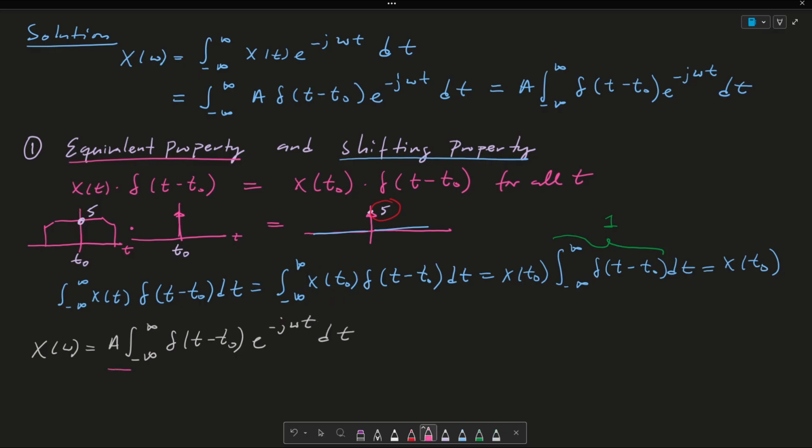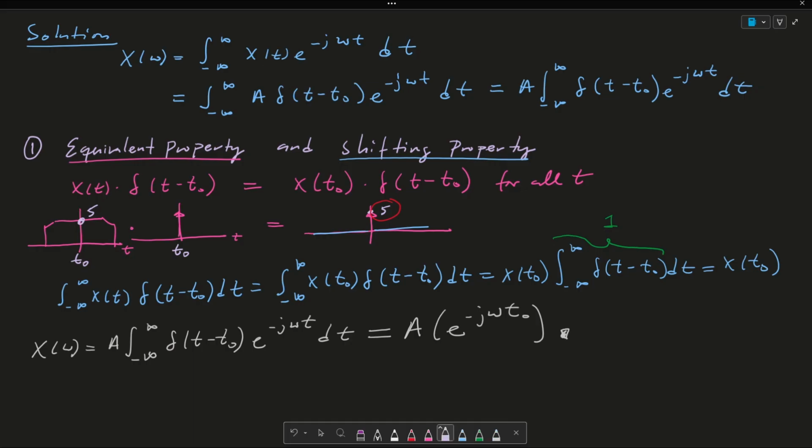If we want to correlate this equation to this equation here, I can easily say that delta(t - t0) is located here, and my x of t is this e to the minus j omega t. I hope we can all see this. Using the equivalence and shifting property, we can equate this to A times e to the minus j omega t0. And this here is your answer.